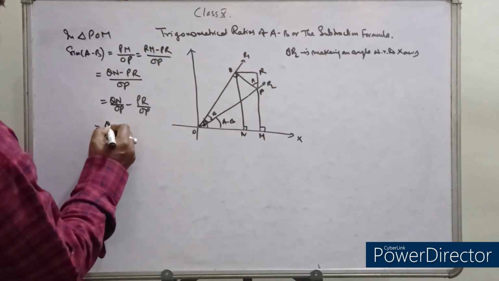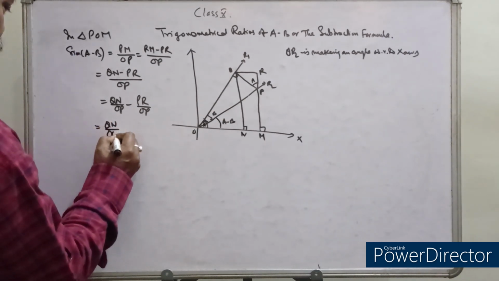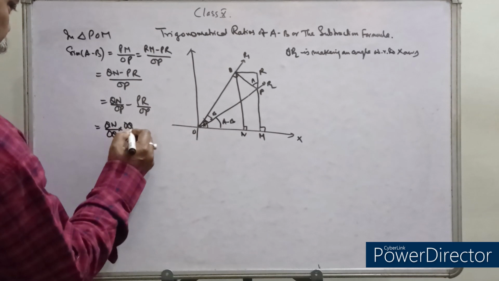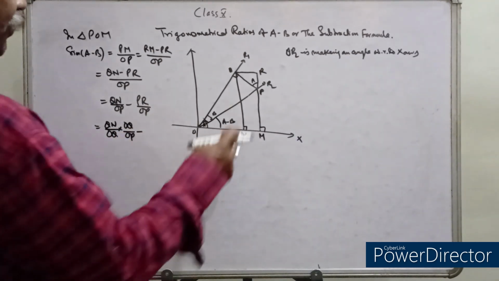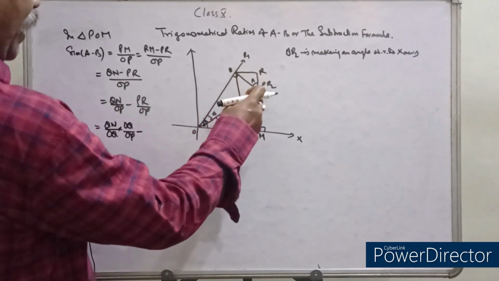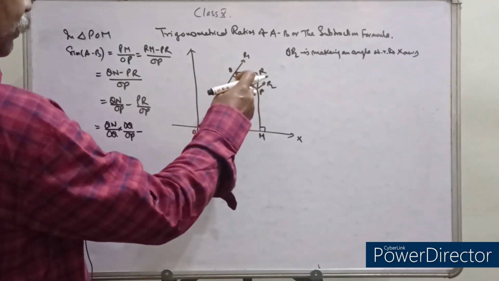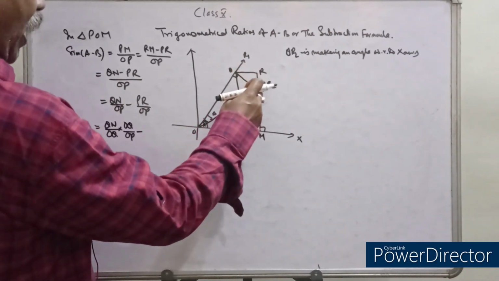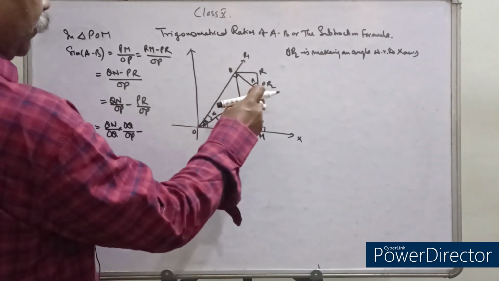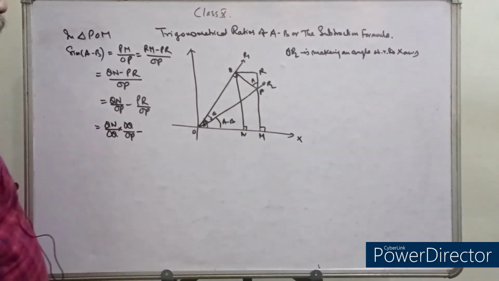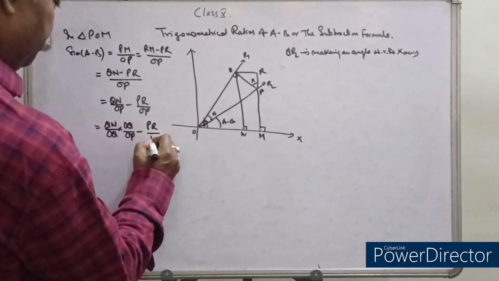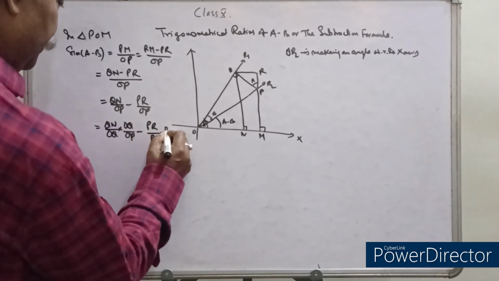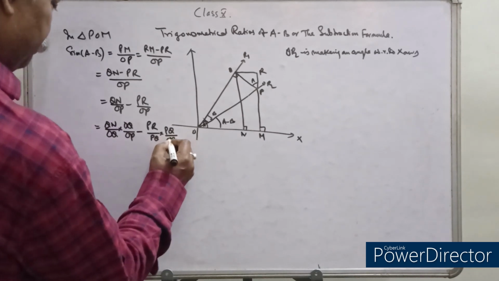So this will be QN by OQ into OQ by OP. Now PR and OP, I am going to link it with PQ. So this will be PR by PQ into PQ by OP.